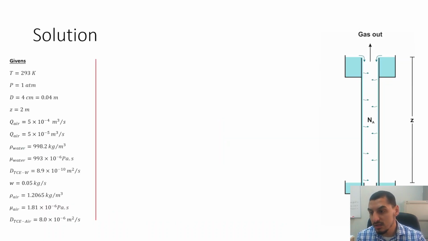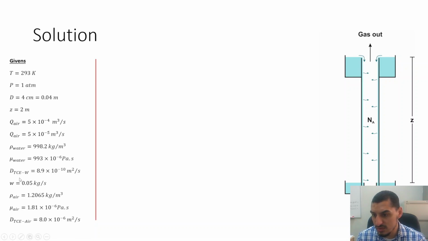So I listed all the information that we know here, and I tried my best to put all the parameters in the same unit system. So I have here the diameter in meters, the flow rates in cubic meters, the density of water is already given, the viscosity of water is in Pascal seconds, which is in SI units.